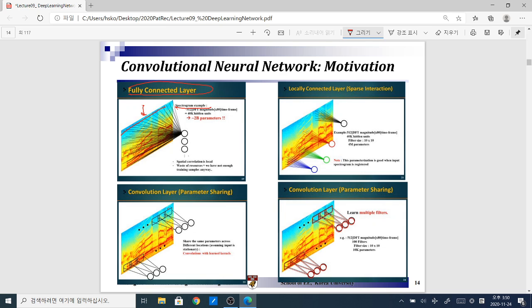So the spectrogram might look like, in the horizontal axis, 80, and the vertical axis is 512. The horizontal axis is 80 because it has to do with time, and the vertical axis is 512.